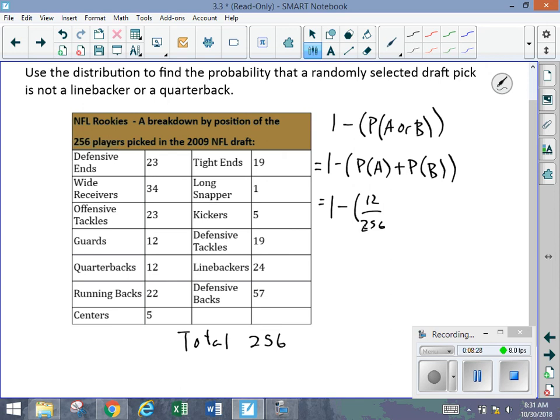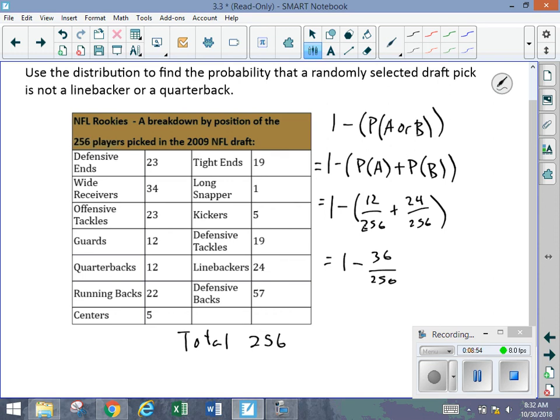Sorry, it's a little janky there. And the probability that it is a linebacker is 24 out of 256. So that's going to be 1 minus 36 out of 256.